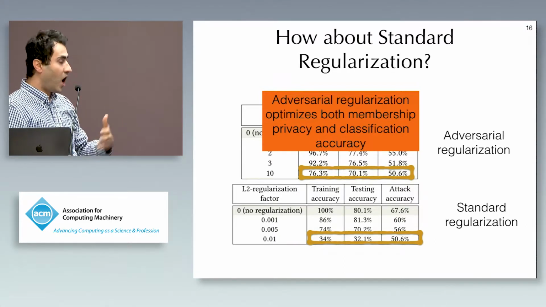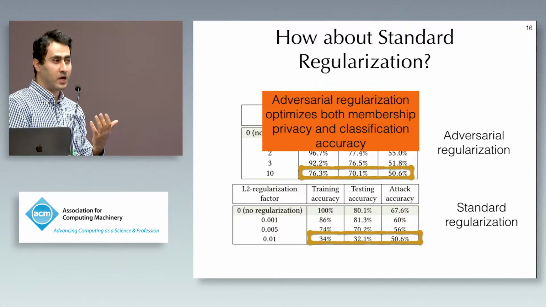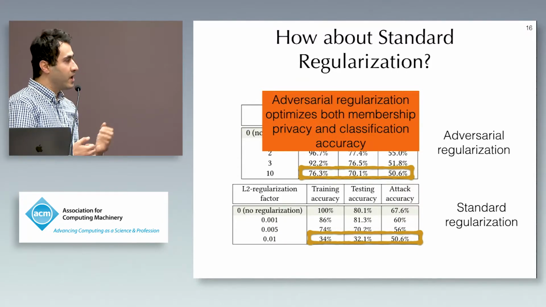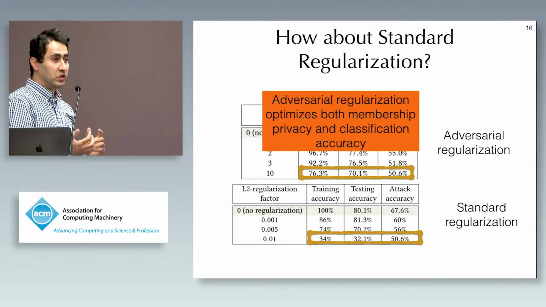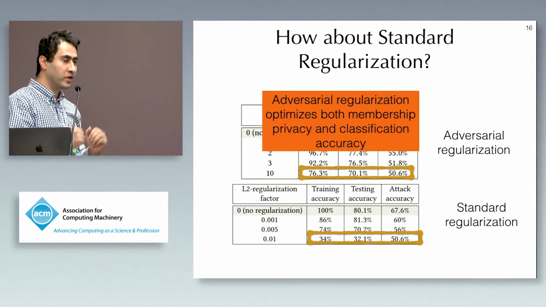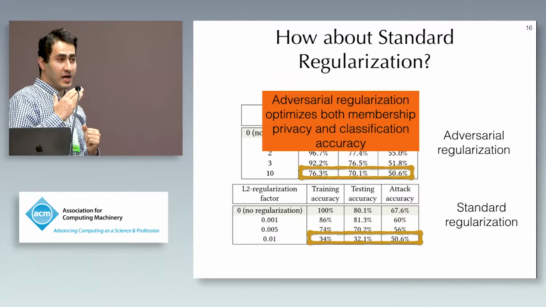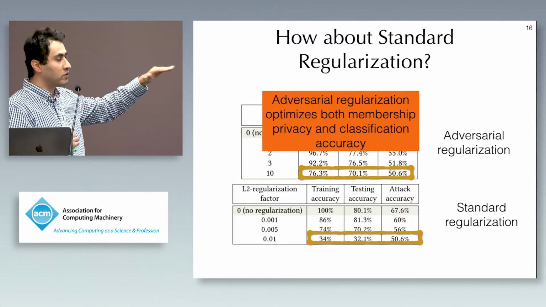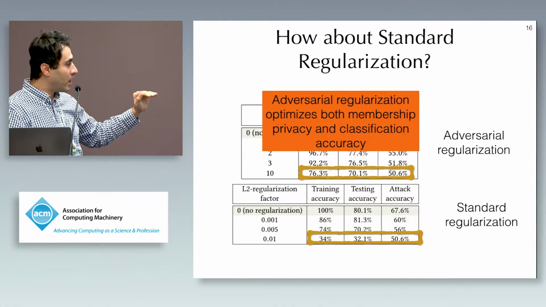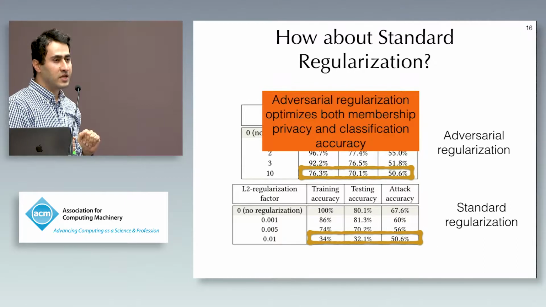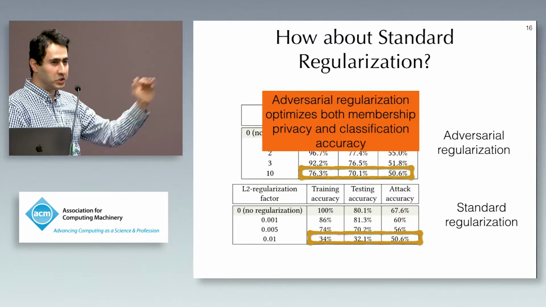But the problem is that other regularizers are likely to impact the utility of your machine learning model. By contrast, in our model, we're optimizing the utility and membership privacy as a joint optimization problem. Therefore, for any target membership privacy level, our algorithm provides the best utility for the application. Any other regularizer that you use to reduce membership leakage will have a higher impact on the utility of your application.